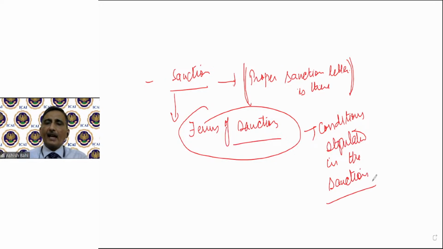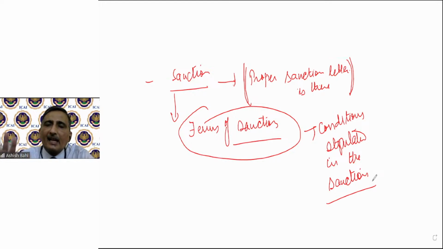Like say in a cash credit facility, there might be a condition that the borrower shall submit a stock statement monthly, or the borrower shall get its stocks insured. So once a sanction letter is there, the concerned branch follows that sanction letter.